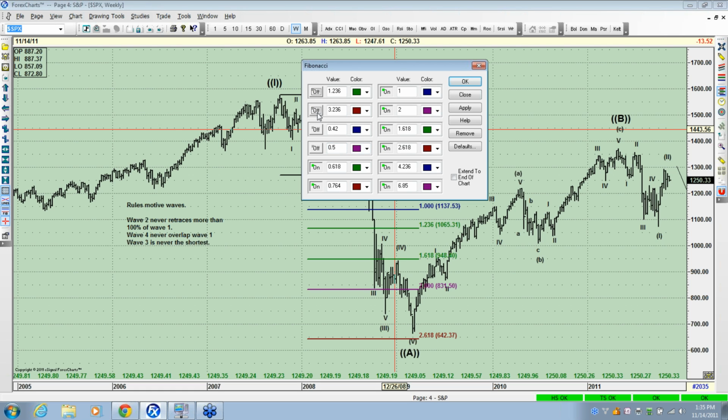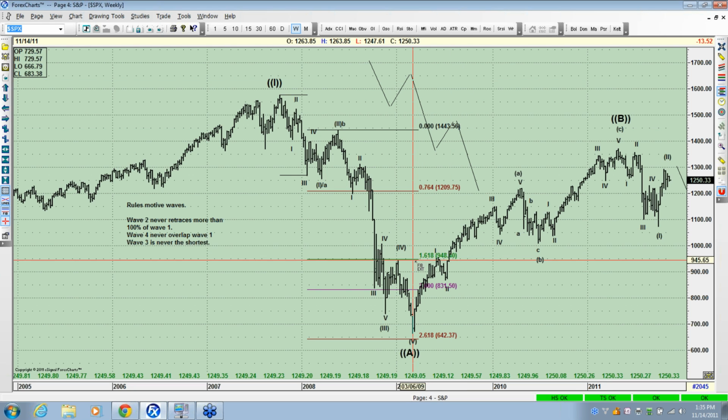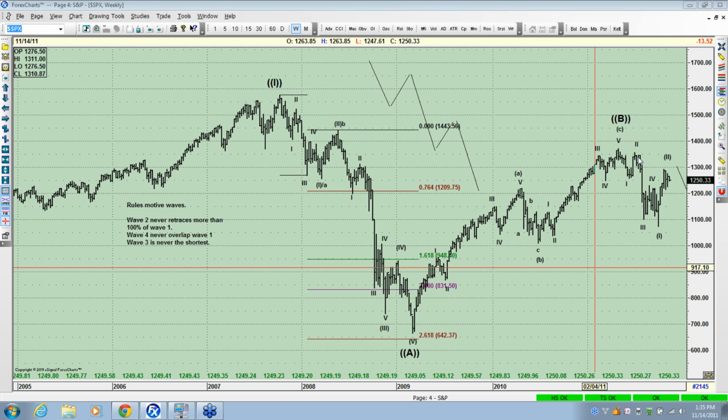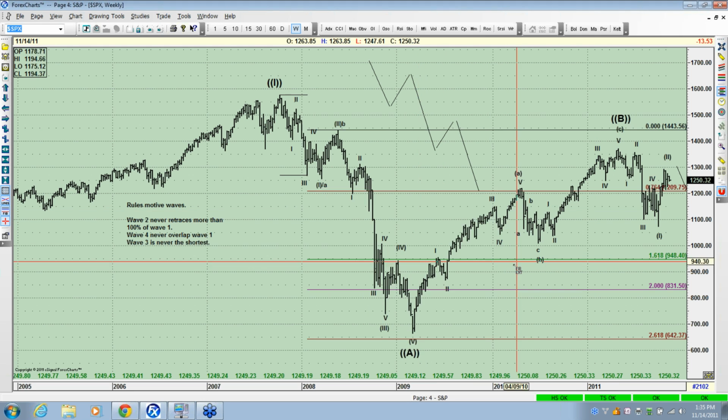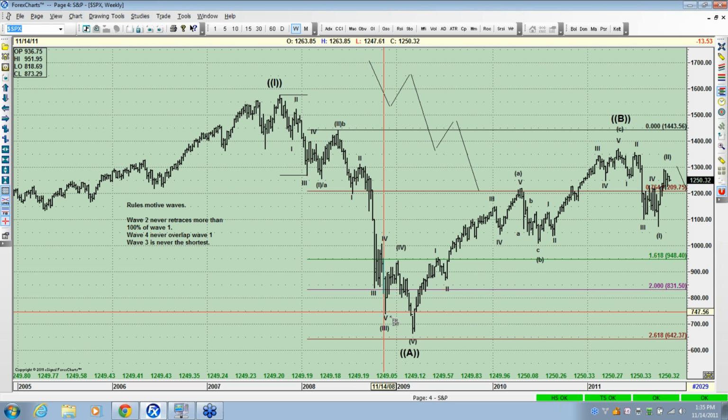Let me put it here. The most common ends of wave 3s are either, let me put this here so you guys can see it, either wave 3 is going to end at the 1.618, it didn't happen there, at the 2, or at the 2.618.